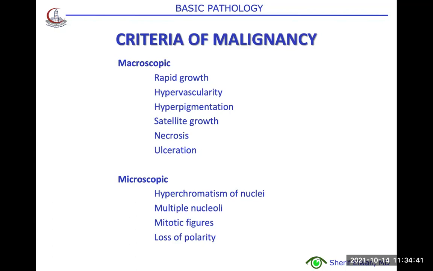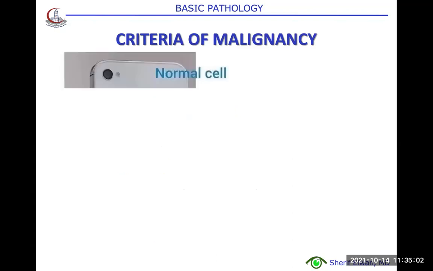By loss of polarity in malignancy, we mean that the usual line of cells is lost. For example, if a white blood cell divides to form another white blood cell, we find that it divides to form a cell that is not similar to the original cell, and this is what is called loss of polarity.